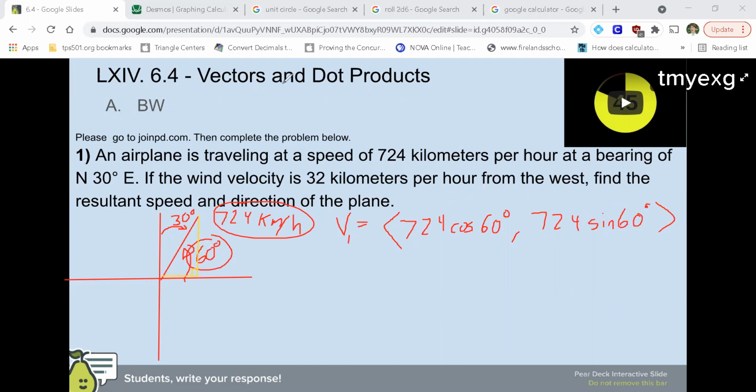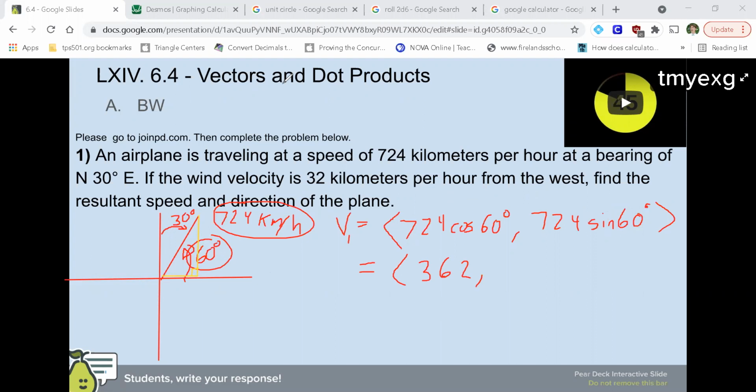Now we just do those in a calculator. Make sure your calculator's in degree mode. You should get 362. Exactly, because the cosine of 60 is just a half.